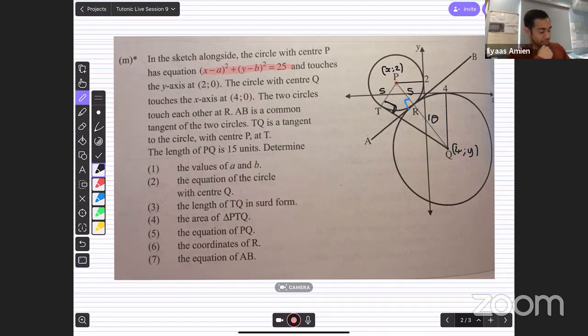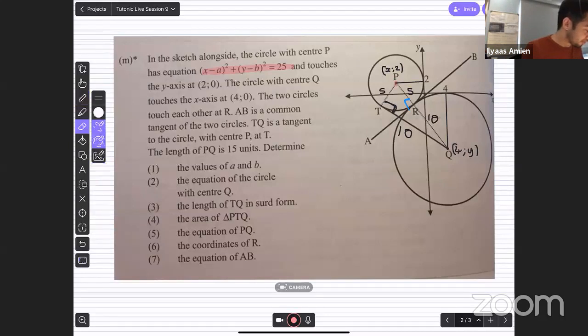How can you work out TQ? Pythagoras. TQ is 10, because 10 squared plus 5 squared is... No, I'm wrong. It's 225. Just use Pythagoras.